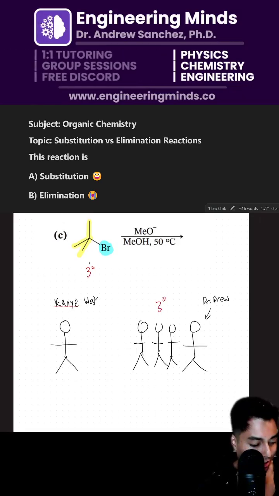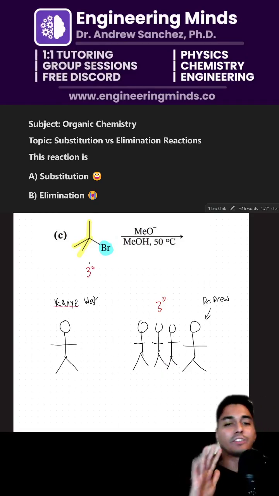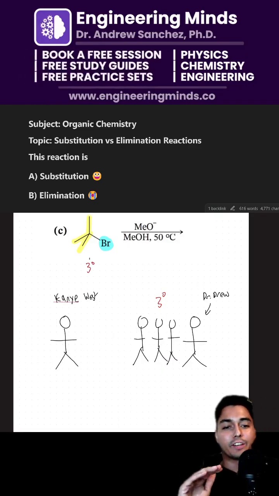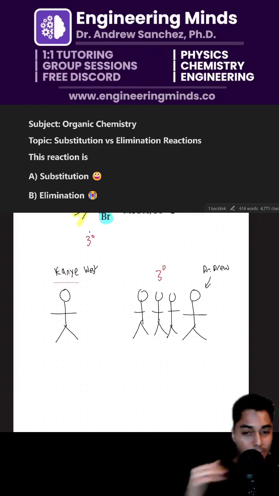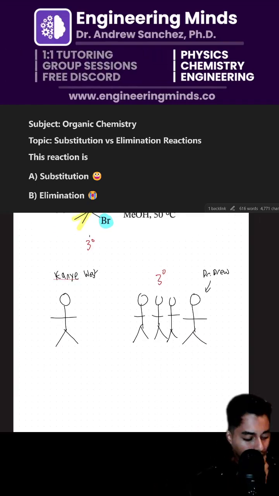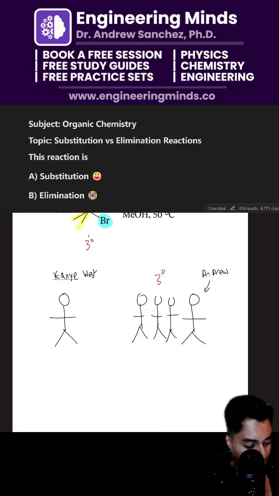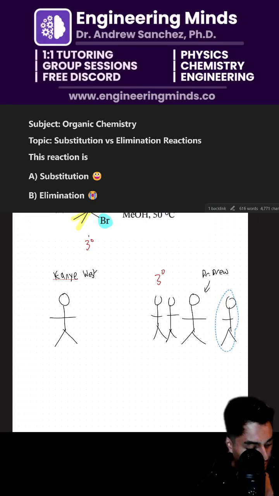So Kanye, do we agree this is never going to be an SN2 reaction, right? Because how is he going to go out the back door? We have all these bodyguards here, and there's nowhere for him to attack.